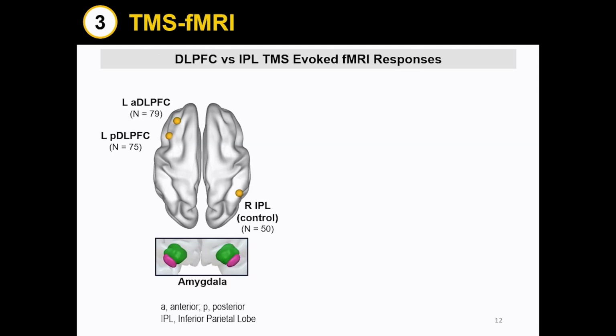With the third method, we are able to acquire more participants in the healthy population, and we also delivered the TMS to the anterior DLPFC and posterior DLPFC with high spatial resolution. We also delivered the TMS to the right inferior parietal lobe as a control. We concurrently measured the amygdala responses with fMRI while participants were in the scanner.